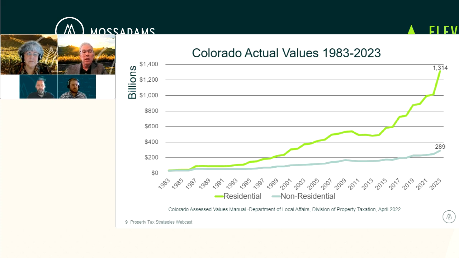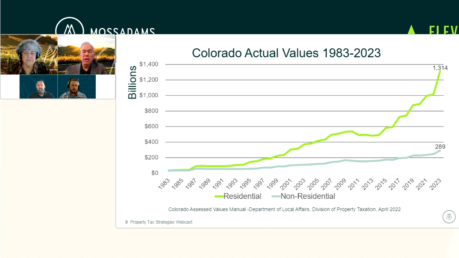And around 2003, 2005, the spread was rather significant. Today, or in 2023, the last reappraisal year, the total actual value of residential property was $1.3 trillion and $289 million for commercial property. So residential property was 4 times the value of the commercial property.